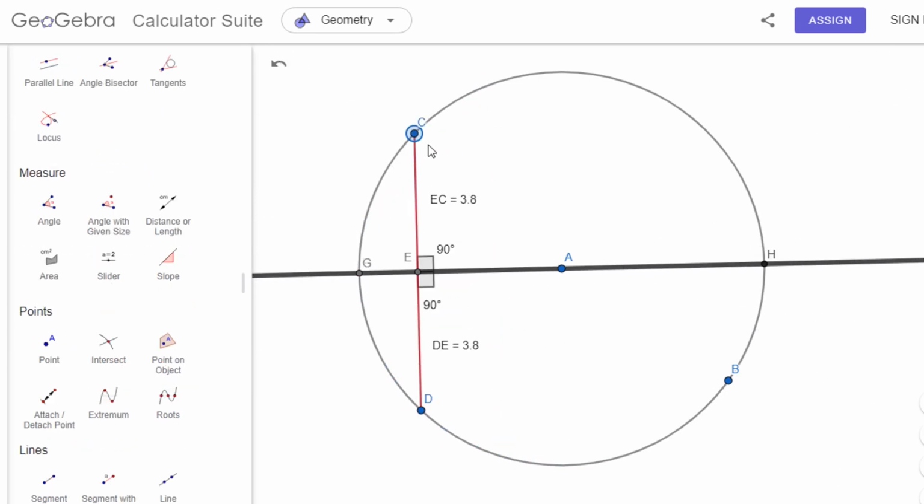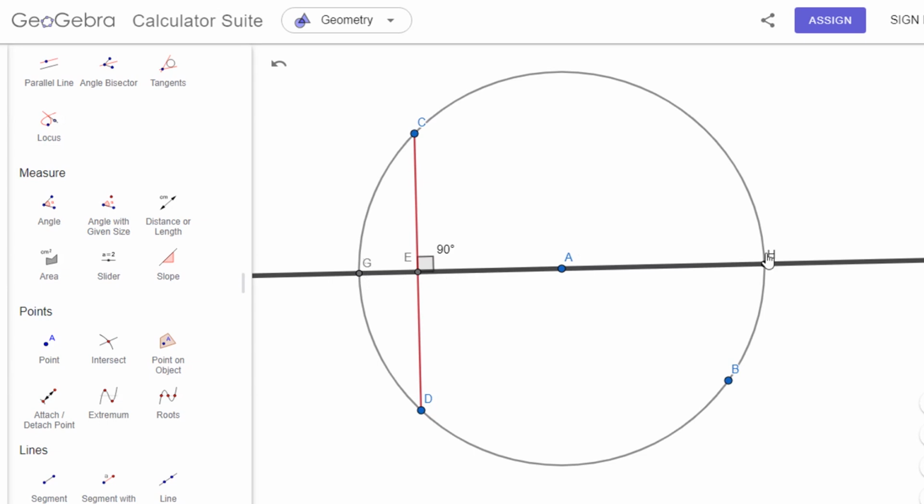There you have it. So let me show you a scenario of how a question might come in the exam. In the exam, they might say, state why line GH is the diameter.